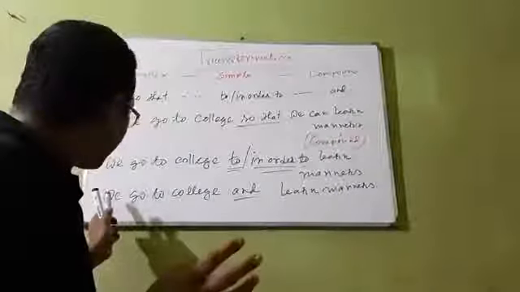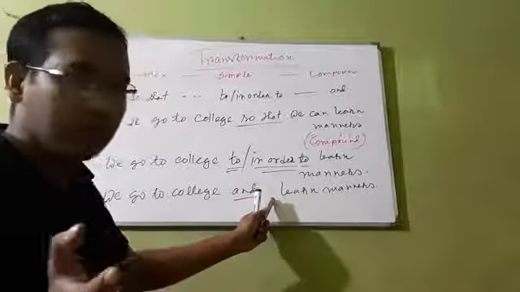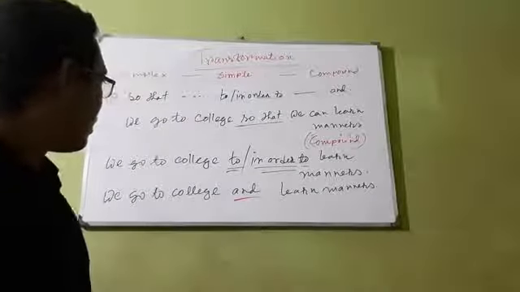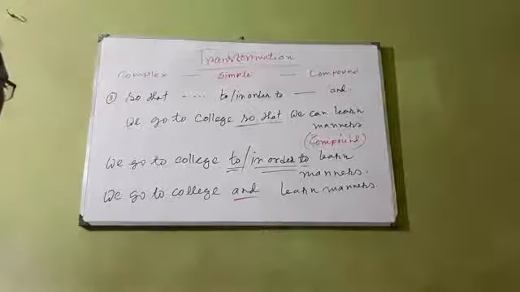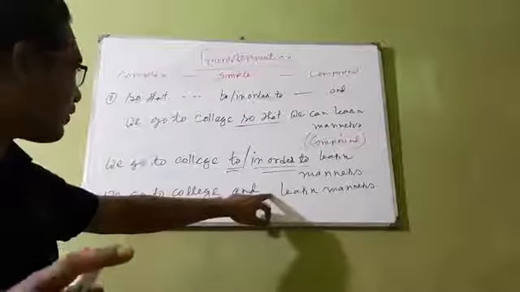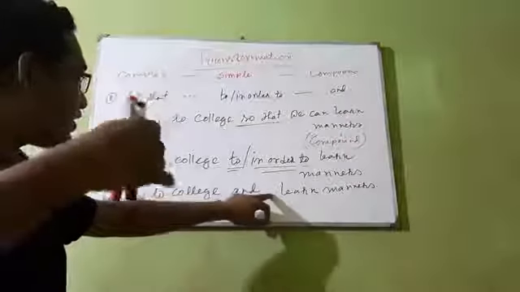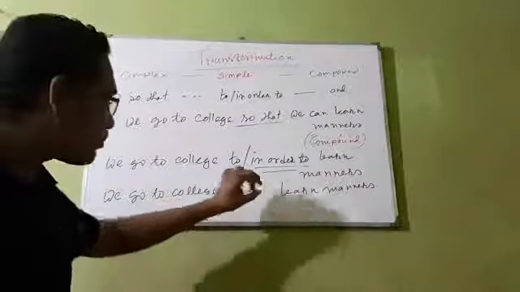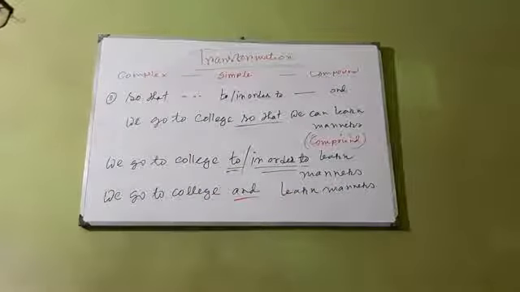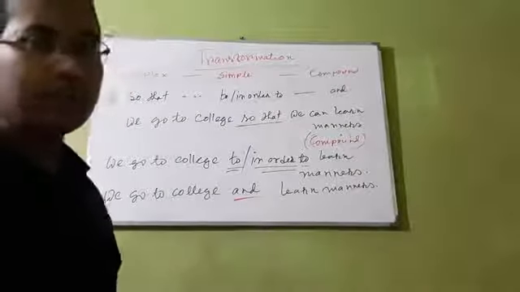We is the subject used in both of the clauses, and we know a rule that if the subject of a compound sentence is the same, we can omit the second one. That means we can discharge the second one. But if the subject is dissimilar, we have to retain both of them.